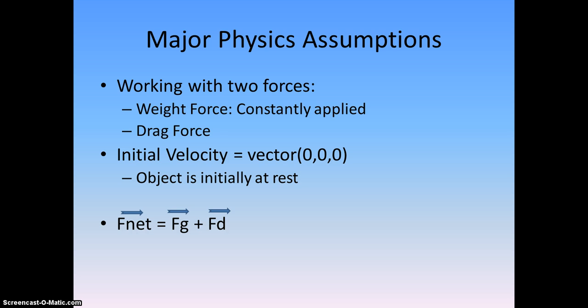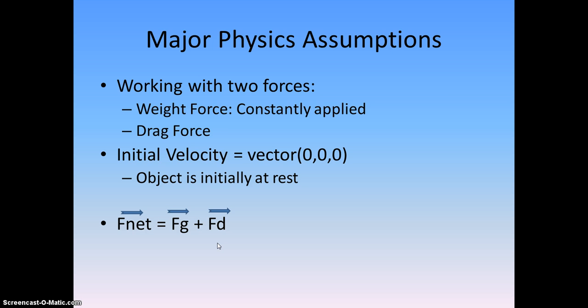Some major physics assumptions are that we're working with two forces, our weight force and our drag force. Also, our initial velocity is going to be the zero vector, which means that our object is initially at rest. Also, the net force here is going to be equal to our force due to gravity in addition to our drag force.